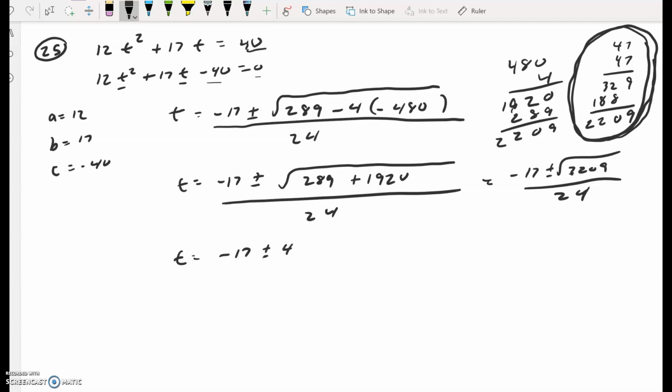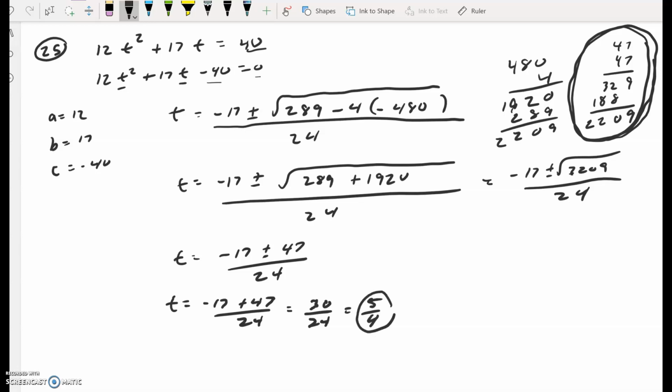So we have these solutions. Since there are no square roots, we have to work them out separately. So we have negative 17 plus 47 over 24, which is positive 30 over 24. Divide top and bottom by 6. And we get 5/4. So t equals 5/4 is one solution.